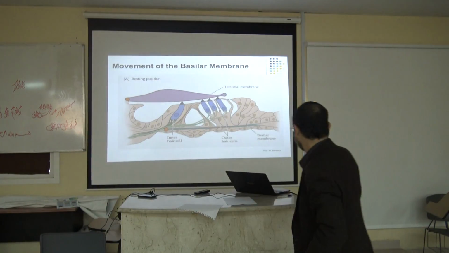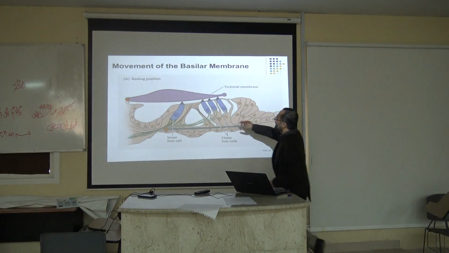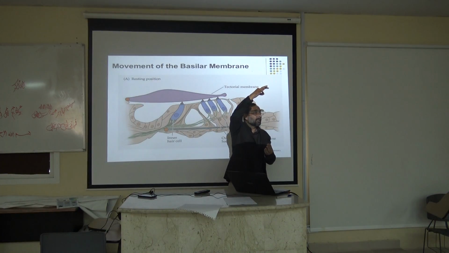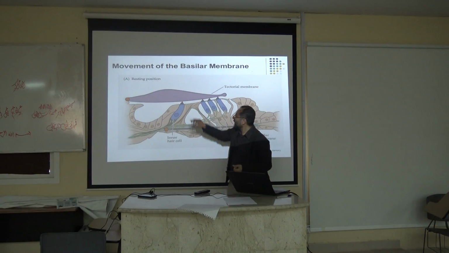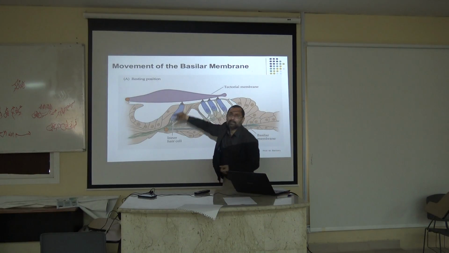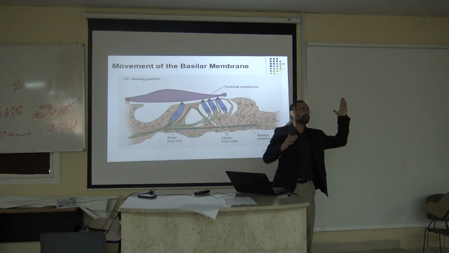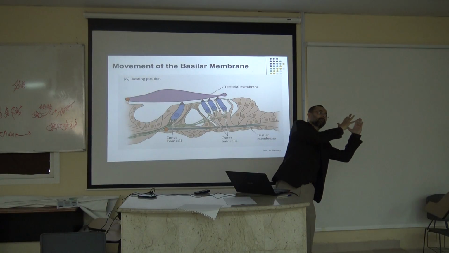Do you have any idea that they are of different sizes? Small to moderate to large, long, isn't it? They're not equal in size. This one is the largest or the longest one, and you call it the kinocilium. All the cilia are attached to one another. So if one cilium is moving in this direction, the other ones will also move in this direction.